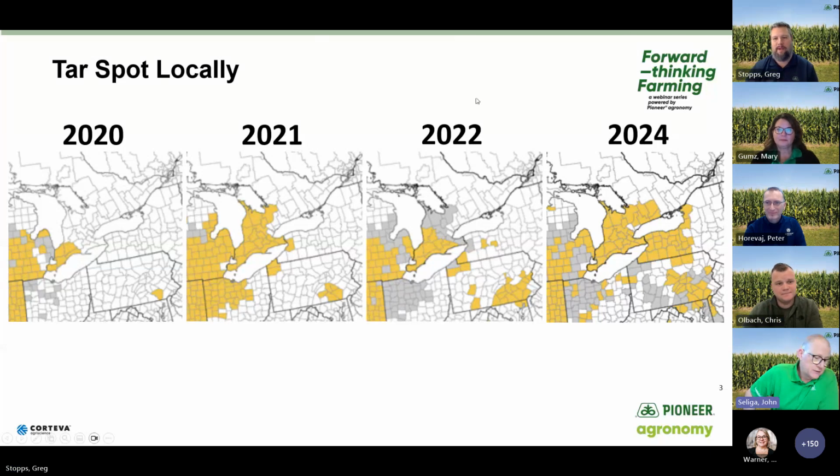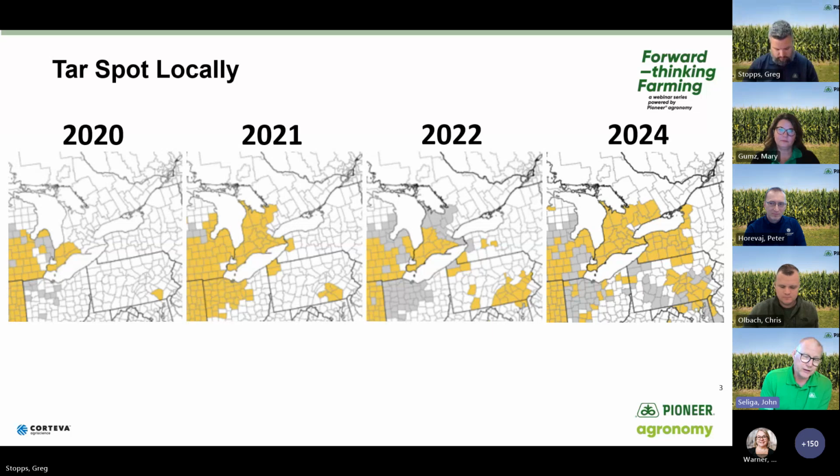Yeah. Good. So what I wanted to share with the audience this morning was the speed at which this disease moved across our territory. If you look at that 2020 map and look at the counties that had a positive identification of the disease, that probably misrepresents how common it was to walk into a field and see it.